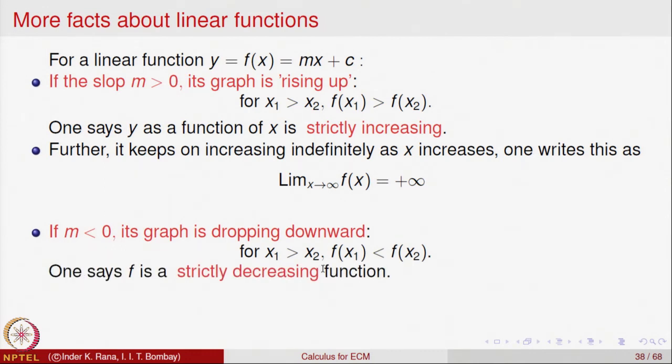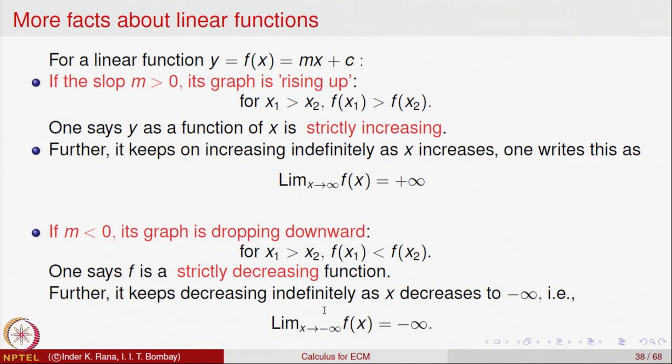For x1 bigger than x2, f of x1 is strictly less than f of x2. So, x2 is smaller, but f of x2 is bigger than f of x1. So, that is called a strictly decreasing function. And how far can it decrease? It can decrease to the value minus infinity. It can become as small as you want.